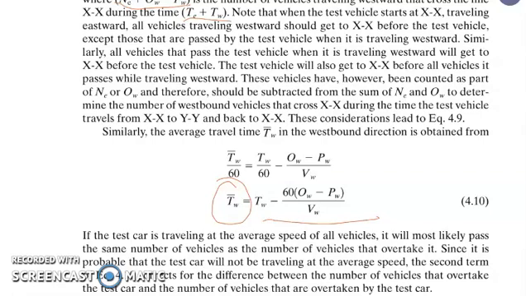So for this one, you have to take note of the direction for our variable, which refers to the variable that is present in our equation.